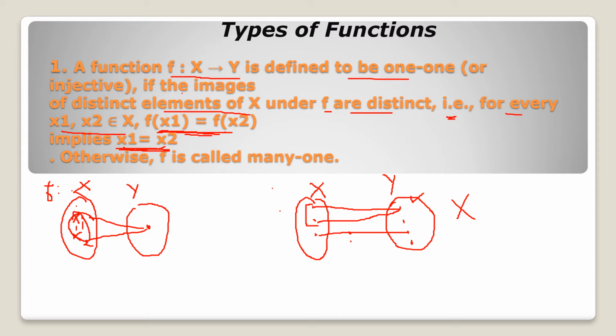Whenever the images are equal, the points will also be equal. It means that one element can have only one image. This is what we have studied about the one-one function: the images of the distinct elements of x under f are distinct. So I think this will be clear to you. Let us take some more examples.